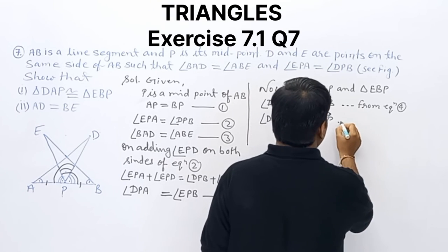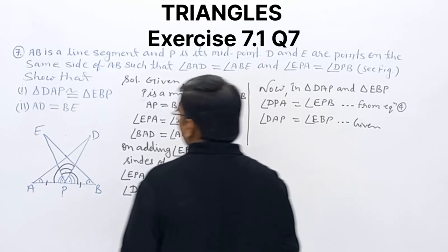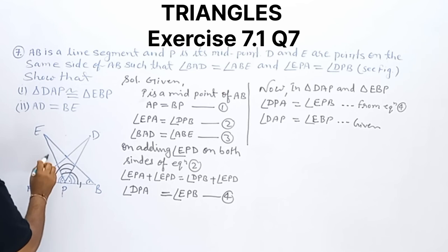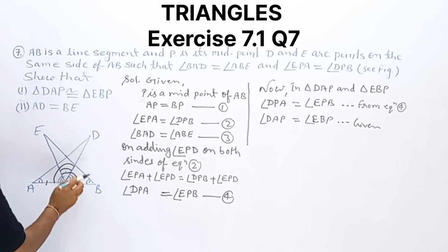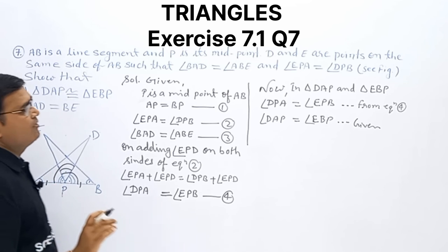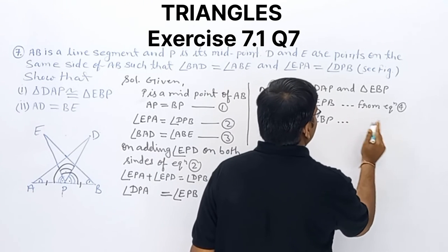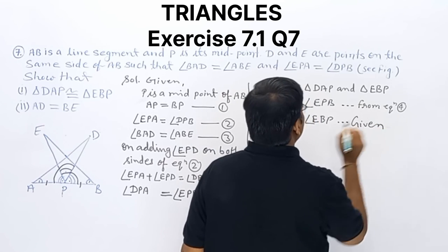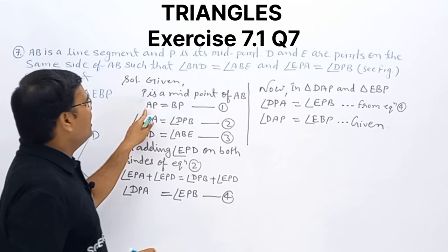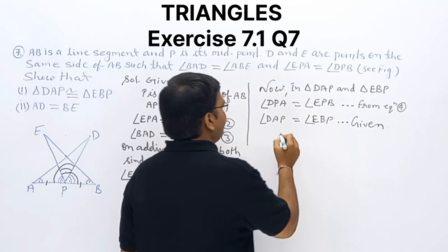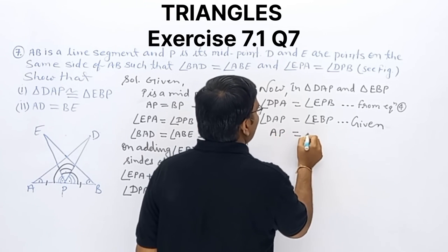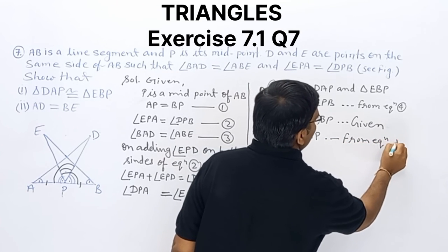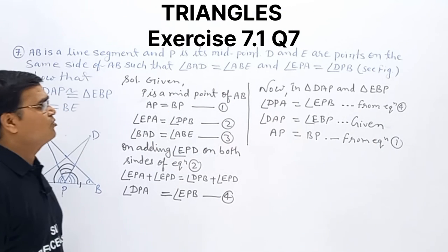This is given, we have this in the question. This angle DAP equals this angle EBP, it is given. Clear? Now one more thing we have, AP equal to BP, from equation 1, yes or no?